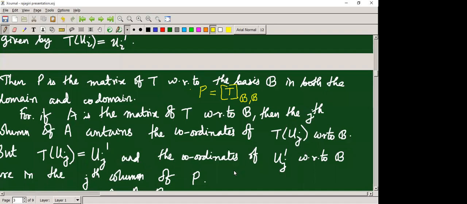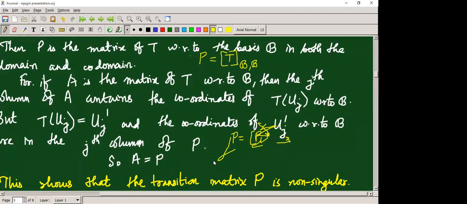In the first slide we have seen how we form the transition matrix. P is P1, P2, etc., Pn.